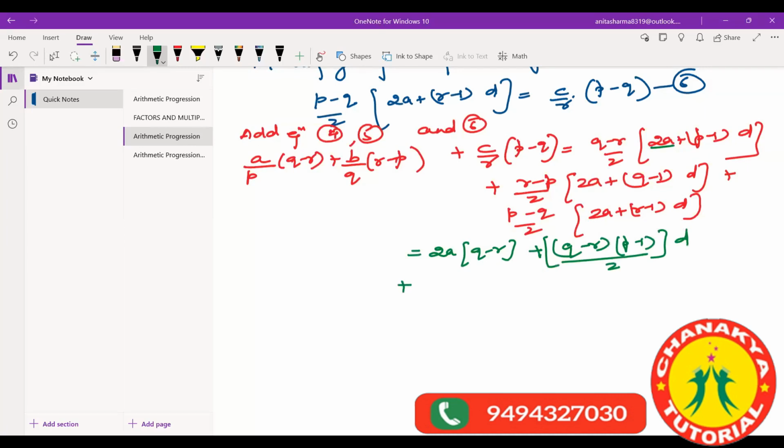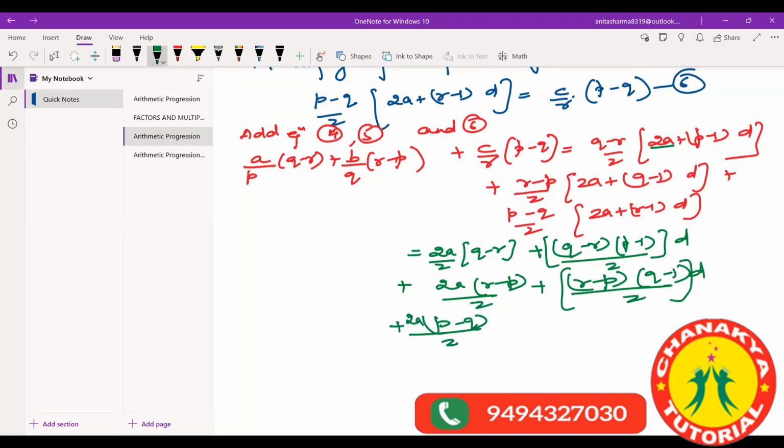Now in the same way, second fraction: 2A into (R minus P) divided by 2 plus (R minus P) into (Q minus 1) upon 2 into D. Now last is (P minus Q) into 2A upon 2 plus (P minus Q) into (R minus 1) into D by 2. Okay, beta? Now we will solve it.